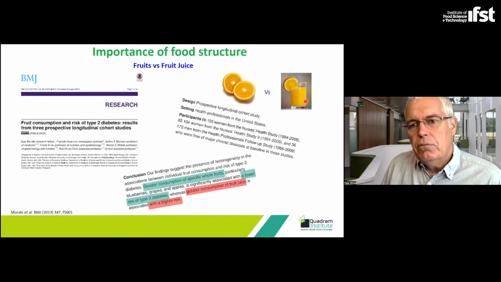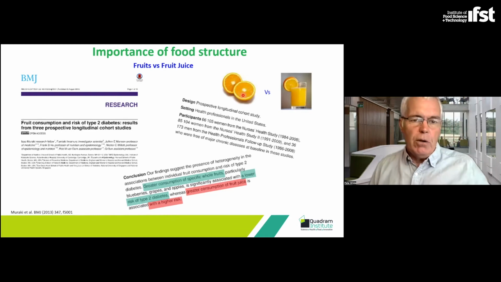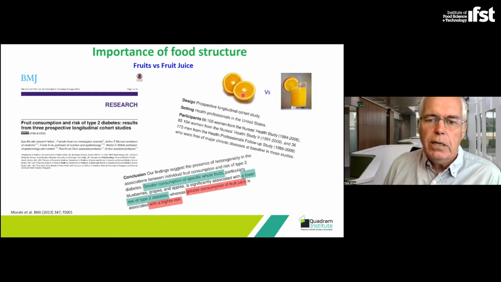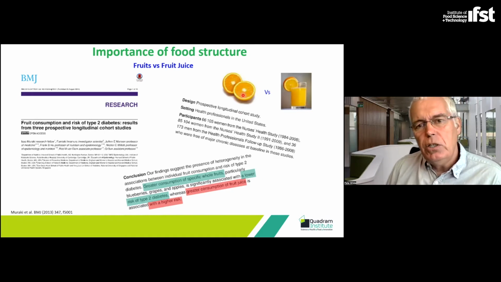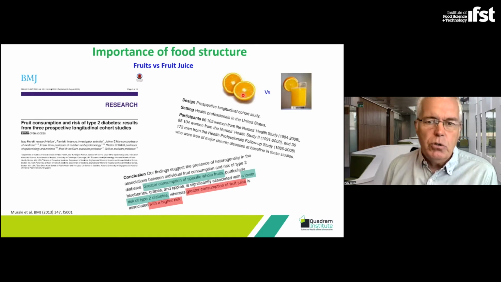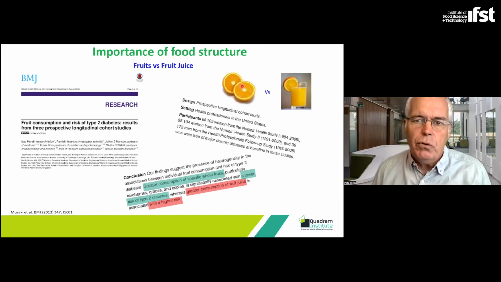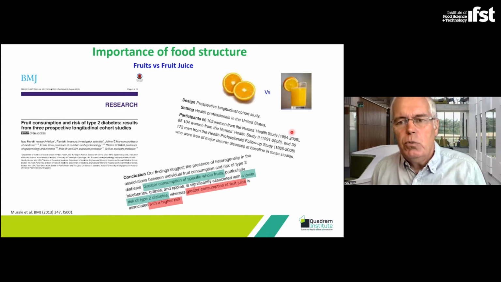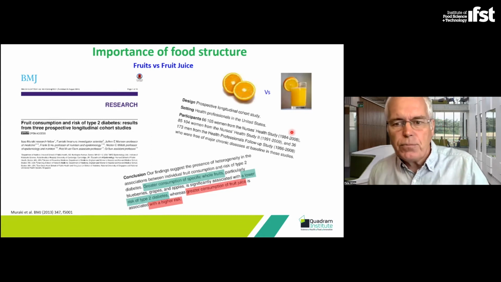Also, a glass of orange juice may contain the juice maybe from 3 or more oranges, which you would never eat in one sitting. So there are several reasons underpinning this observation, but most of those are around the structural differences between the 2 types of food matrix and what impact that has on our consumption.